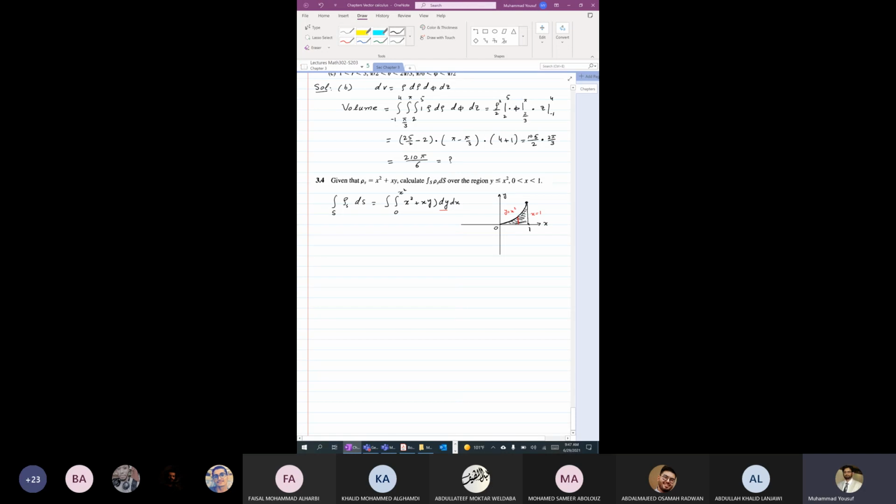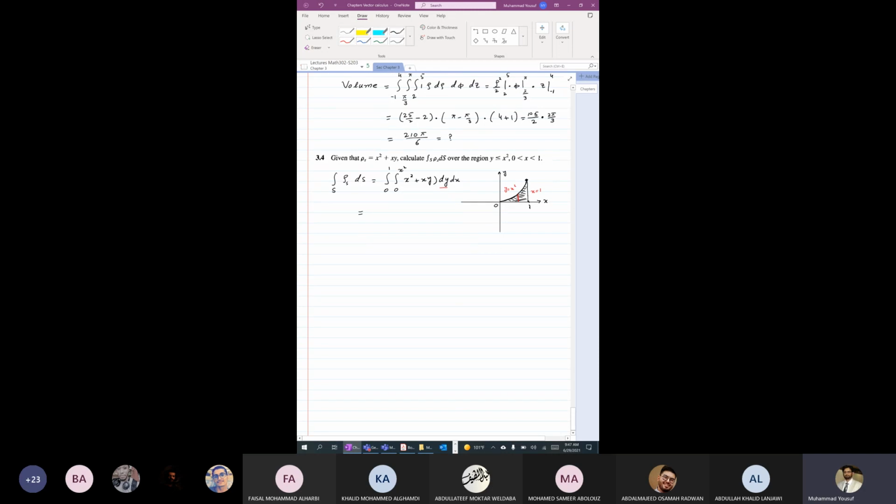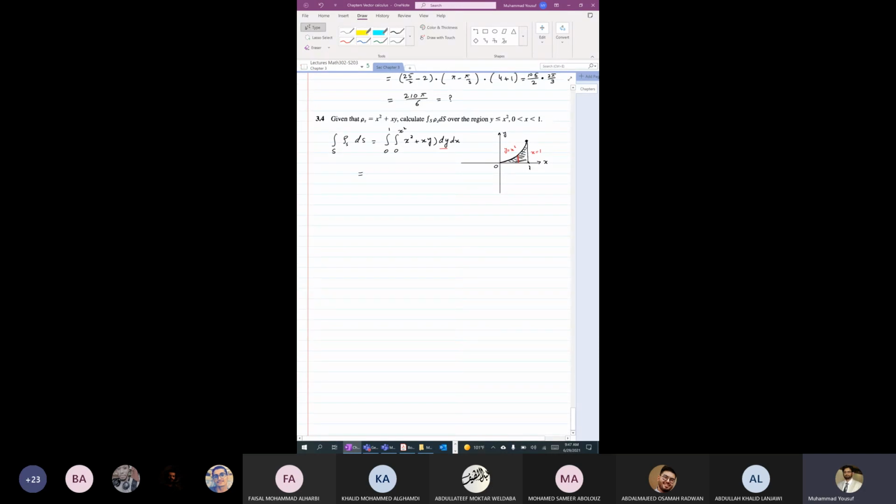So we are not dealing with a square root. And then x, in this whole region, goes from 0 up to 1. So this is how you set up the limits. This is the same as in Math 201 you have done before. Now integrate with respect to y. We cannot separate because the limits are variable. So the integral with respect to y will be x squared y plus x y squared over 2, with limits from 0 to x squared, dx.